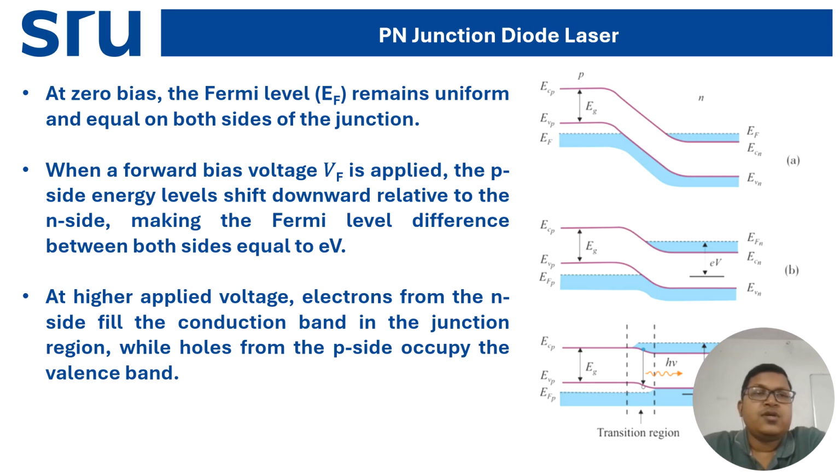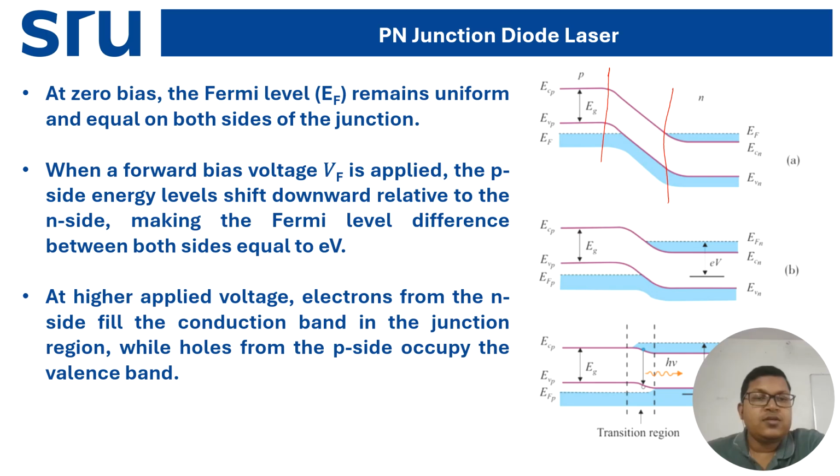So at zero bias, the Fermi level. On the right side, you can see the band diagrams of the p-n junction diode, and this is the junction as per our previous discussion.